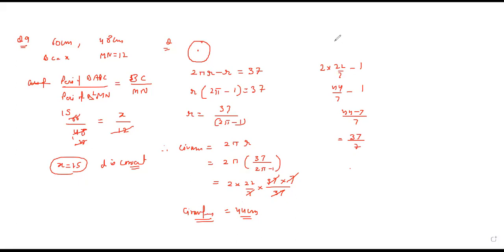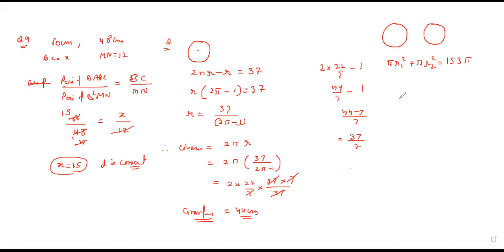Note it down. Sir, the sum of the areas of two circles which touch each other externally is 153 pi. Just a minute. Sum of areas of two circles: pi r1 square plus pi r2 square is equal to 153 pi.